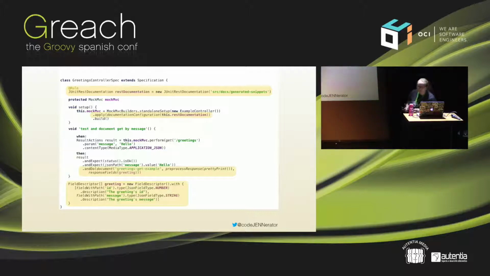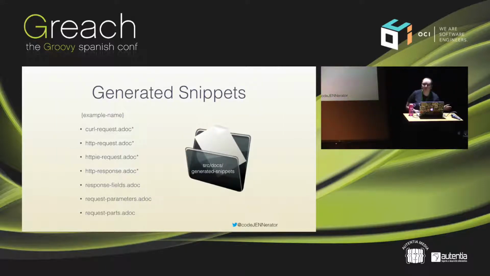So what happens when you run a test that looks like that is that you get a lot of different things in this output directory that I've set up to be in the docs folder. So you get a curl request that was generated, and all of the ones that are in asterisks are the ones that come by default. And then the rest are ones that are only included if you specify that.